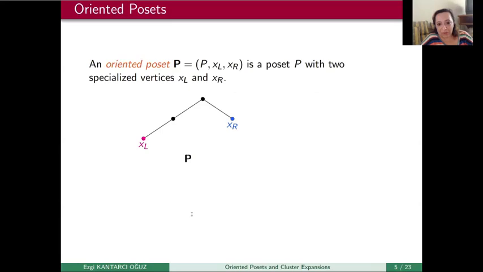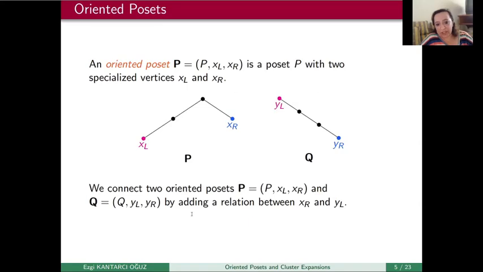So an oriented poset is basically just a poset, but we take two special vertices, a left and a right vertex, or you can say a source and a target vertex. The reason we do it is that then we can connect two such posets to get a larger poset.